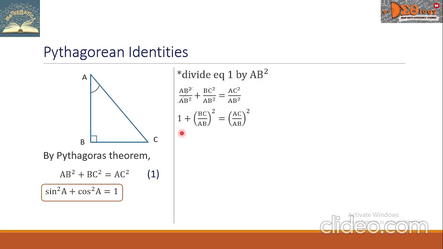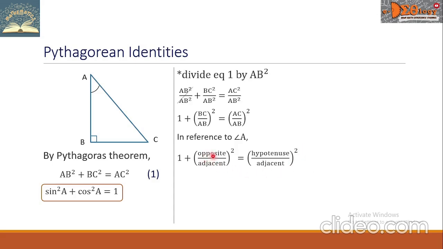It becomes 1 plus the square of the fraction BC over AB equals the square of the fraction AC over AB. Now in reference to angle A, this BC over AB is opposite over adjacent, that is squared, equals AC over AB, which is hypotenuse over adjacent, that is squared.